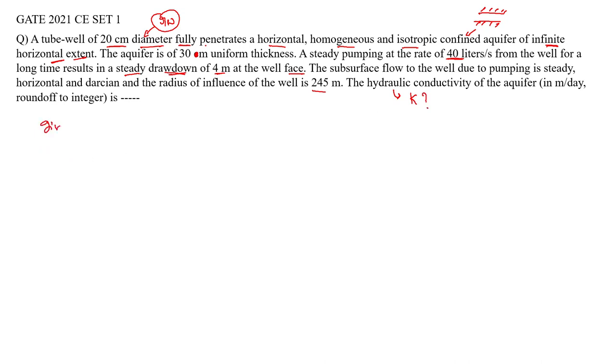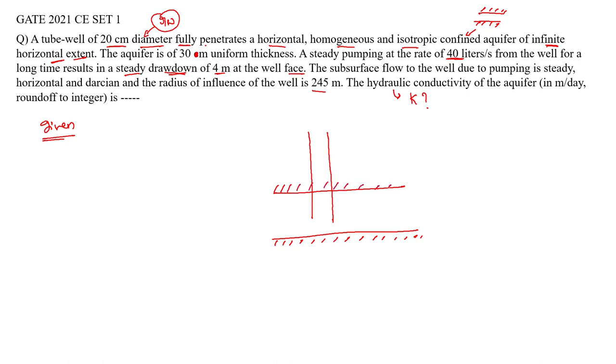So what have they given? Let me draw here. This is a confined aquifer. There is an observation well here. This is a pumping well, as I mentioned.